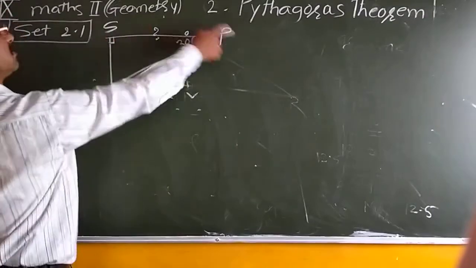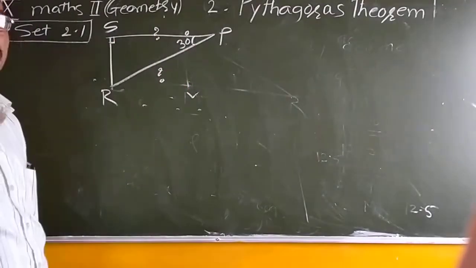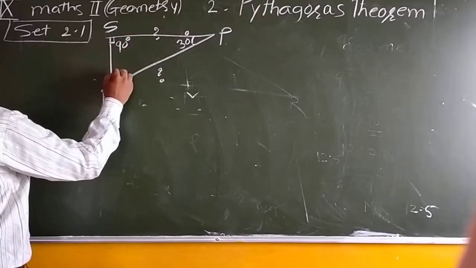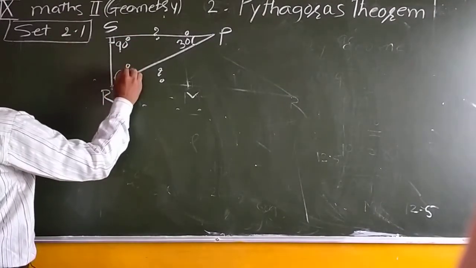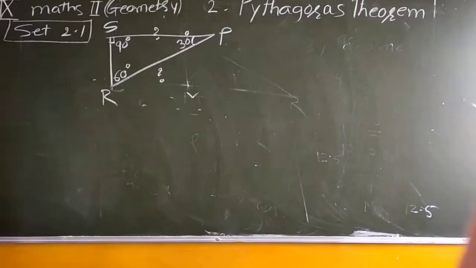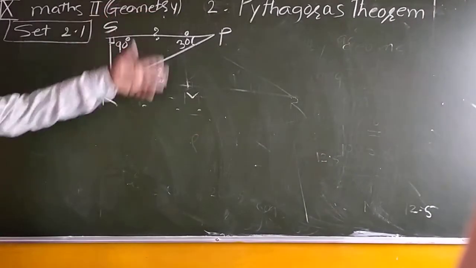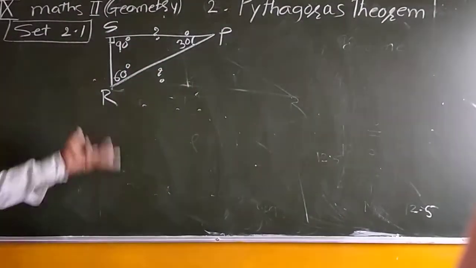This angle SPR is equal to 30 degrees, and this angle is 90 degrees. So the remaining angle automatically becomes 60 degrees. Yes, 90 plus 60 is 150, plus 30 is 180. The sum of the angles of a triangle is 180 degrees.